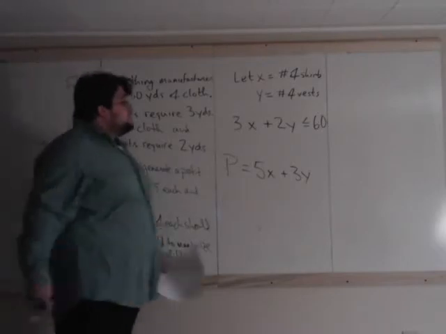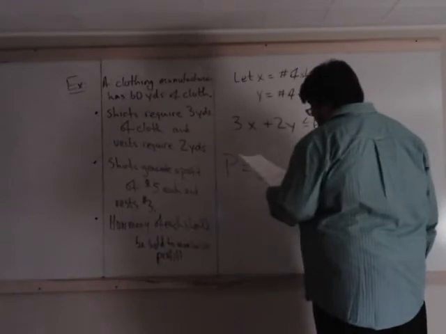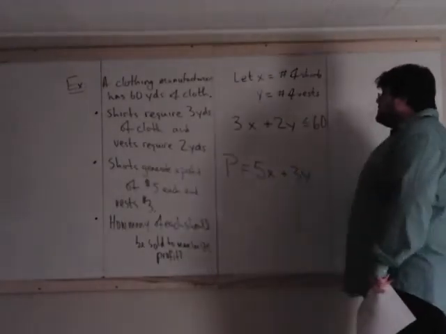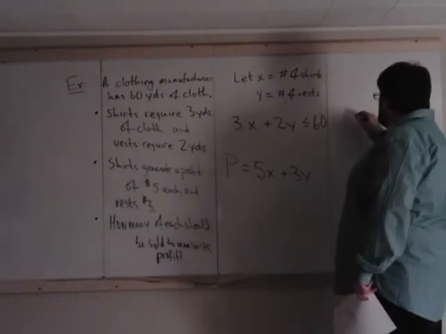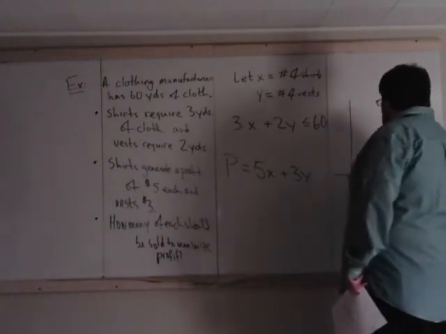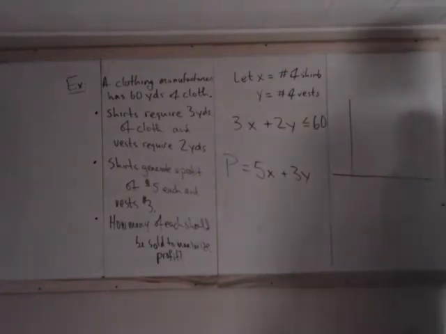And now, all we're going to do is use a theorem. Actually, no, we're not going to use a theorem. I'm going to draw a picture and then use a theorem. So let's graph this inequality. How can we graph this? Well, I'll tell you right now, this is a line.